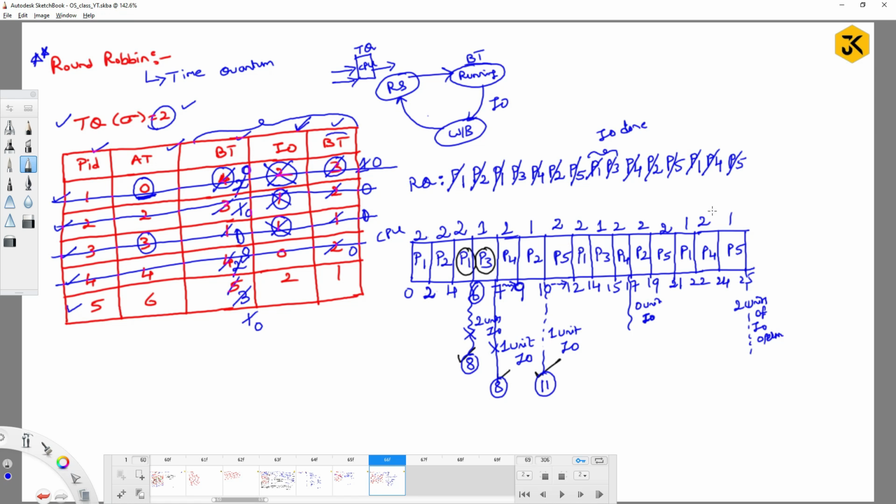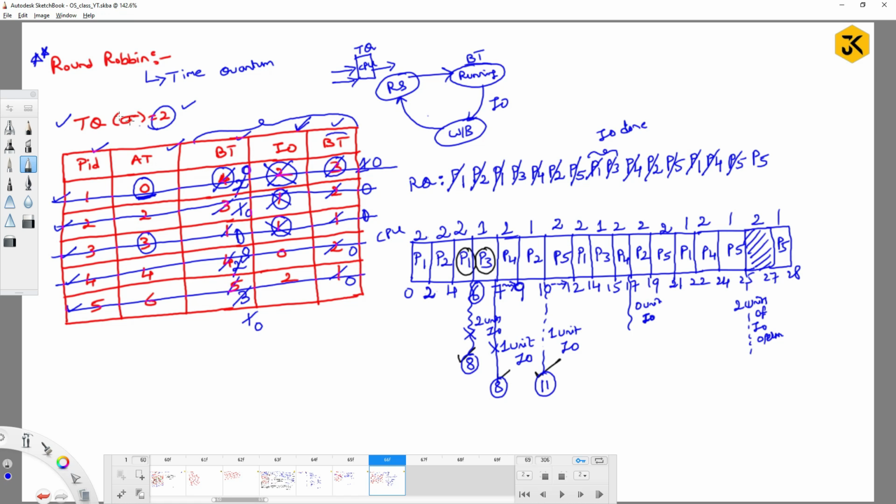As it went for 2 units of IO operation, the CPU has to idle for 2 units because there are no processes in the ready queue, so it has to wait idle for 2 units. Then again it will come back to the ready queue and be scheduled for 1 unit of time, so it will complete by 28. As it completes by 28 and its 1 unit is already allocated, this is also done.